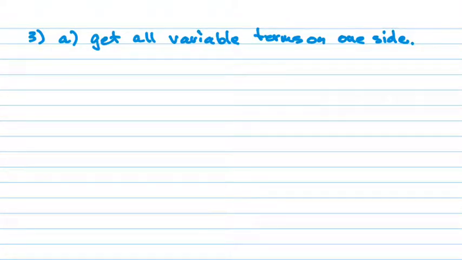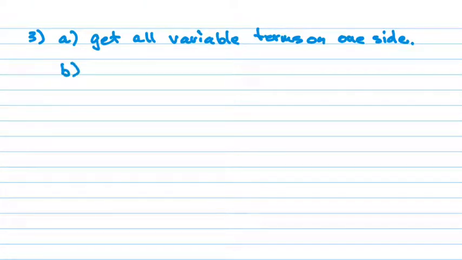Negative 2. That gives you a negative. But if I subtract a 2 from a 4, what do I get? Positive 2, right? So if you move the smaller one, then you'll have a better chance of keeping things from becoming negative. Now again, does it matter? Not at all. Right? So there are some students who want that variable term to be on the left-hand side of the equation no matter what. Who cares? And if you're one of them, I'm okay with that. But we typically just move them to get things positive.